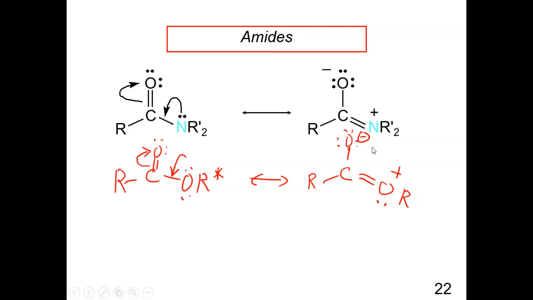It's easier for less electronegative nitrogen to donate its lone pair compared to oxygen, because nitrogen is less electronegative than oxygen, not hugely, but sizably.